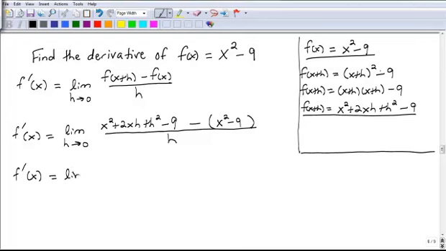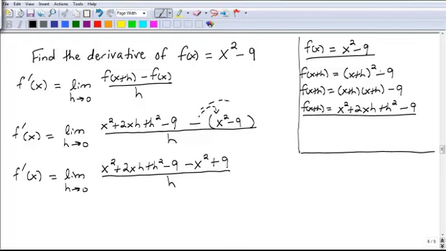And so I'm going to distribute that negative. I'm going to subtract all of f of x: x squared plus 2xh plus h squared minus 9 minus x squared plus 9 over h. And I get that from distributing this negative sign inside there to both terms.